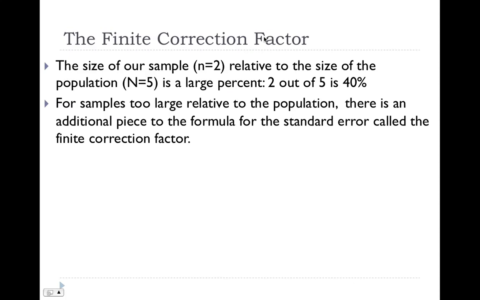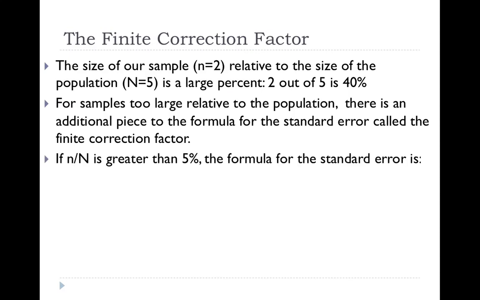For samples too large relative to the population, there's an additional piece to the standard error formula. The rule is that too large means n divided by capital N, in this case 2 divided by 5, or whatever sample size divided by whatever population size, is greater than 5%. Then we add this piece to the standard error formula.